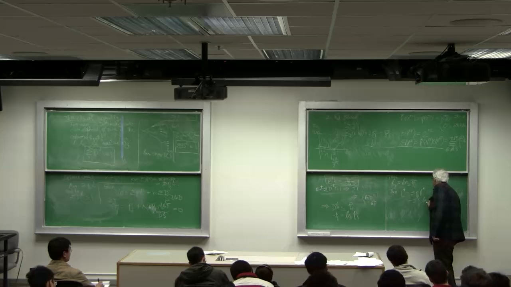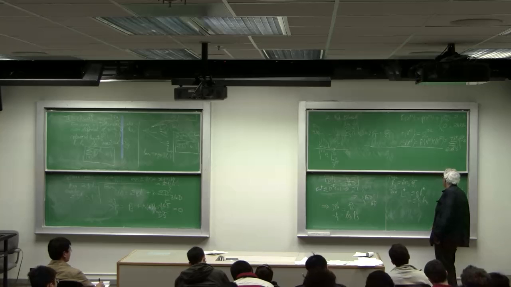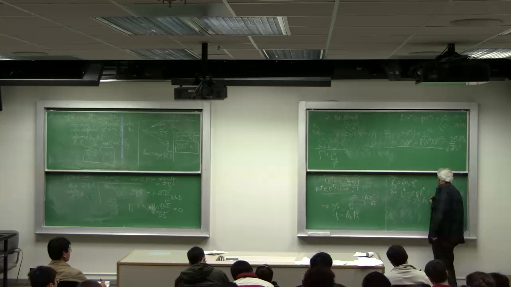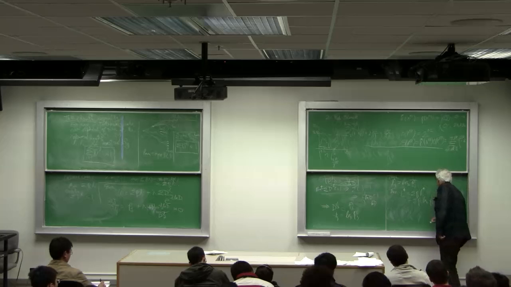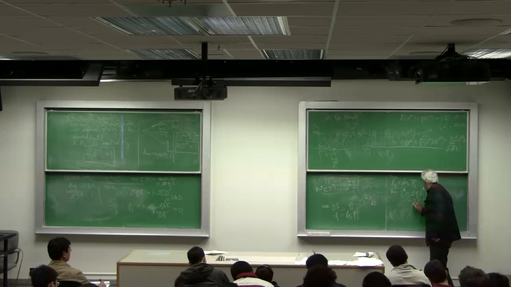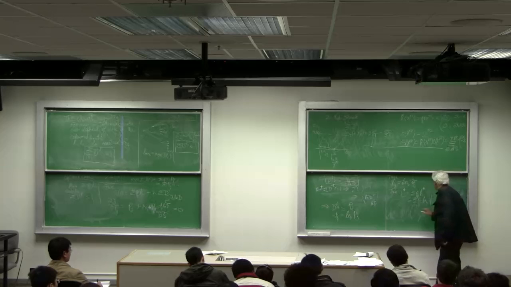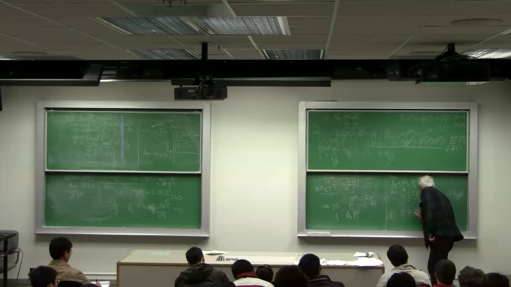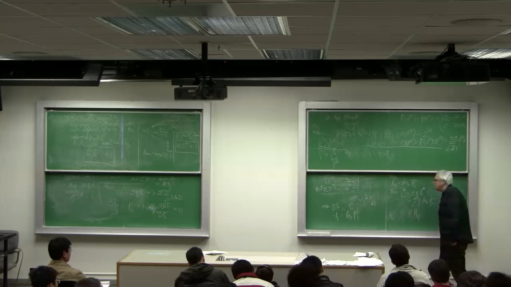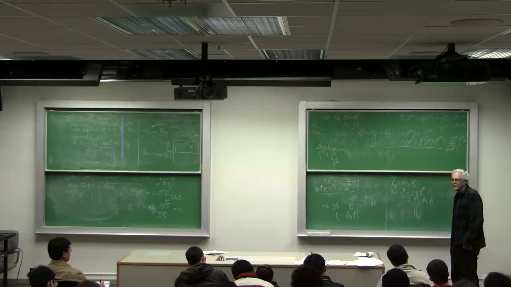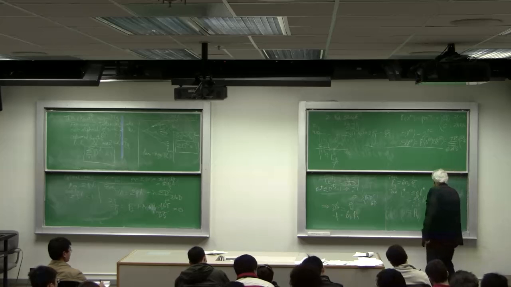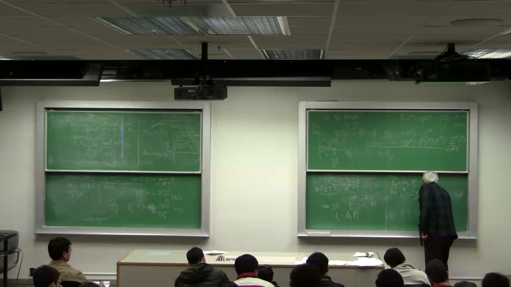Log to the base D of 1 over p sub i, from i equals 1 to m. Aha! This is the entropy in dits or whatever, log to the base D units of x.